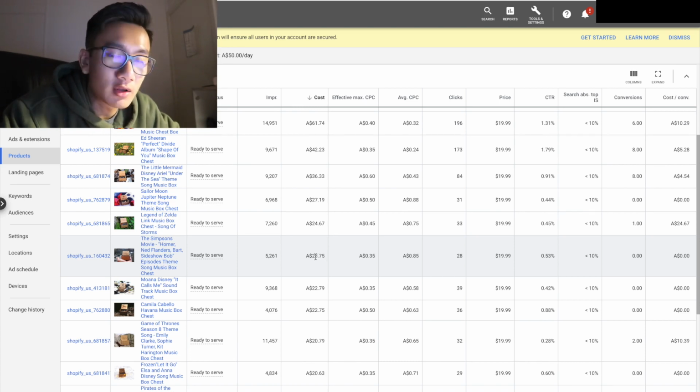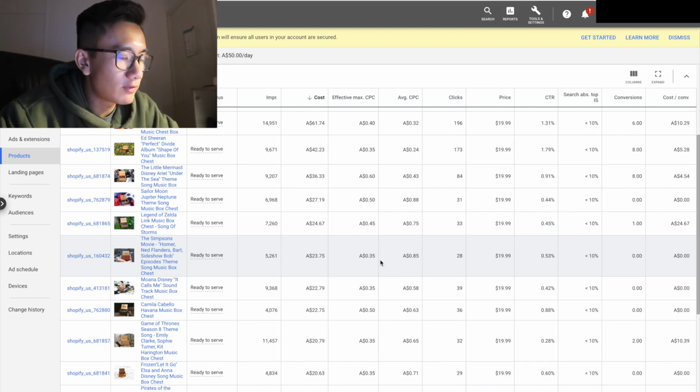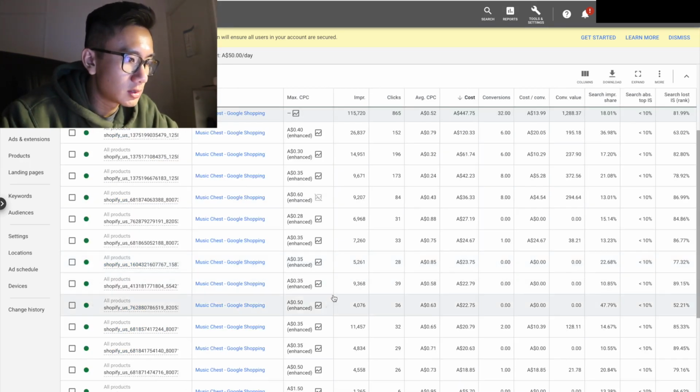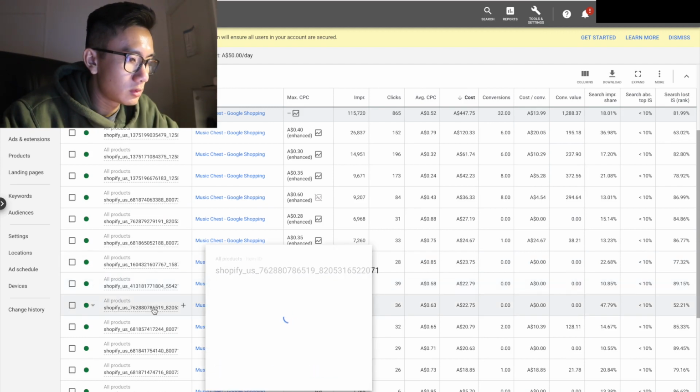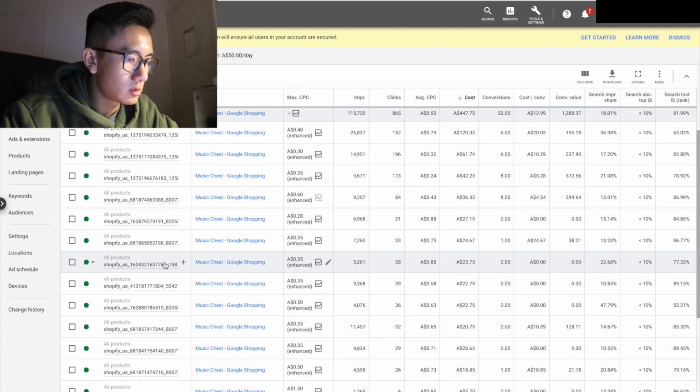I want to be only spending $20 to get a purchase, not 23. The average CPC is 85, so already at 35 cents, it's not really helping, so I might have to bring it down to 30 cents. This is it, 30 cents.